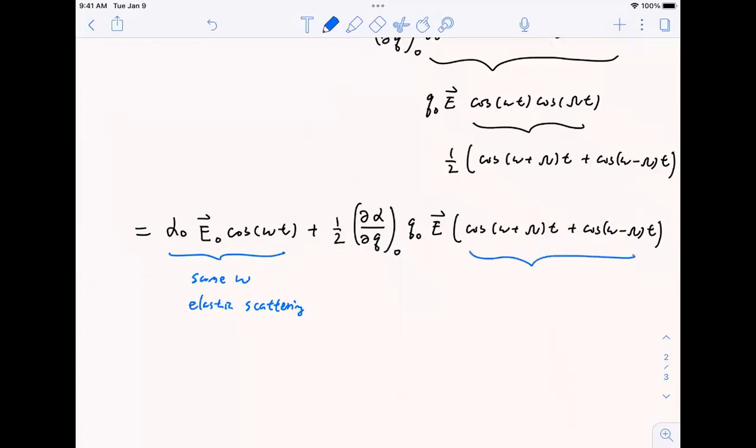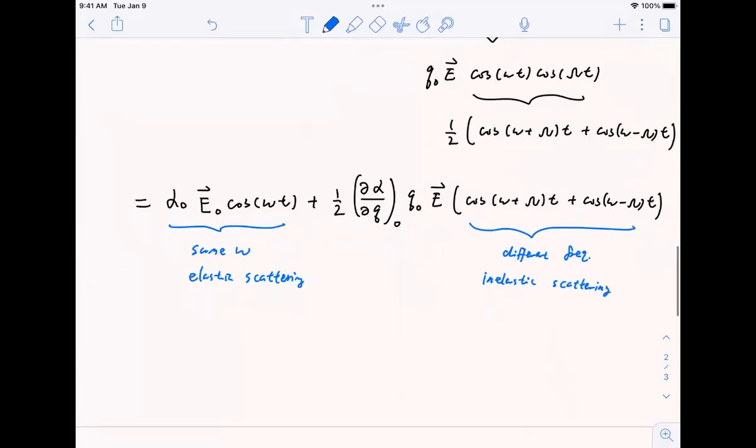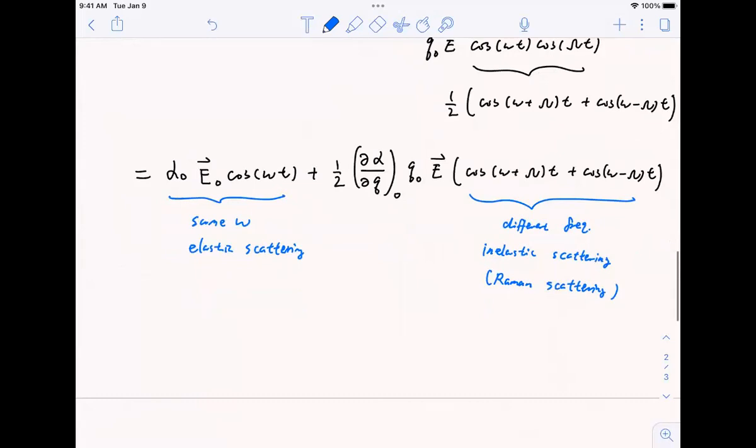And this one is a different frequency. So we call it inelastic. Or you can simply call it Raman. Or Raman scattering. Raman scattering. Okay, so these two terms have their names.